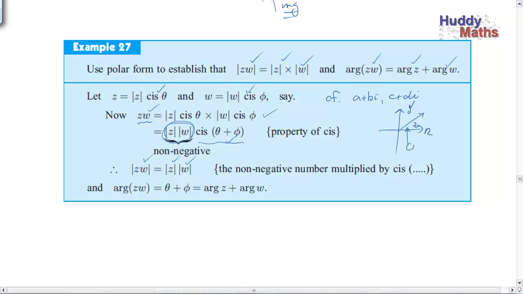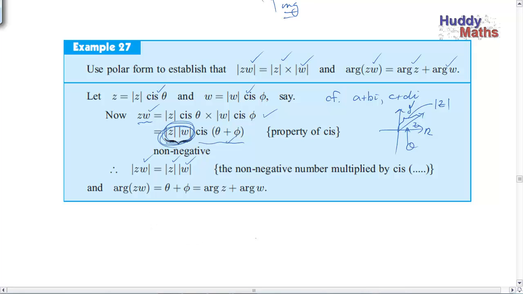Theta does not affect the size. Here it is. That's the size or the modulus of the complex number. So when you multiply the two numbers together, you are clearly multiplying the two r's out the front together, so you do get the result you want.